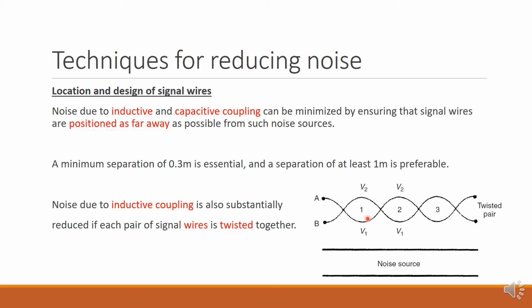Then in the second loop, wire A has V2 and wire B has V1. So they cancel each other in a twisted pair design. At least it will have a lower effect from noise coming from outside, for example inductive noise or capacitive noise.